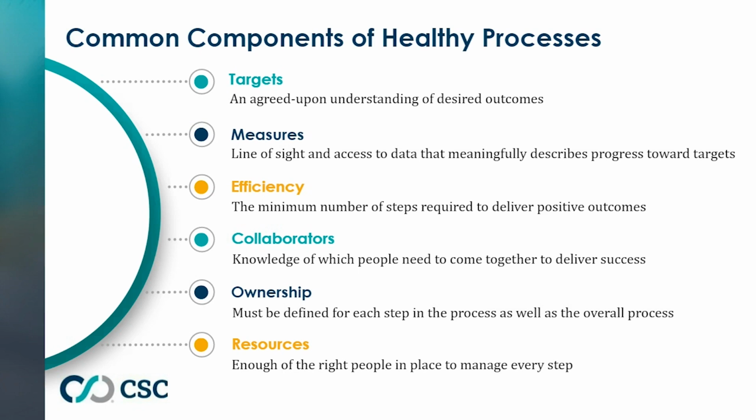Once you've figured out the target or targets for your process, you need to start thinking next about how you measure your progress toward, or your distance from, those outcomes in some kind of ongoing way. So, call it a metric, a measure, a KPI, or OKR. I think that's the latest and greatest version of that term.